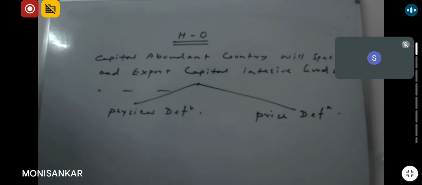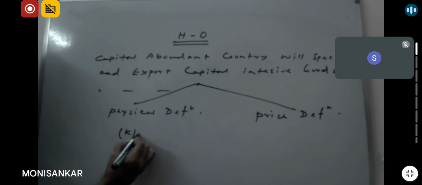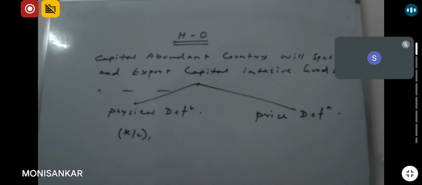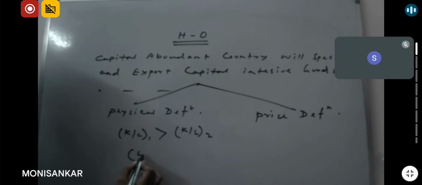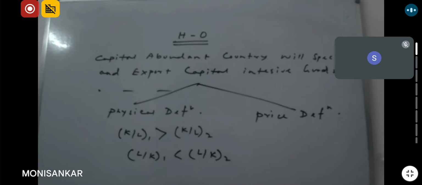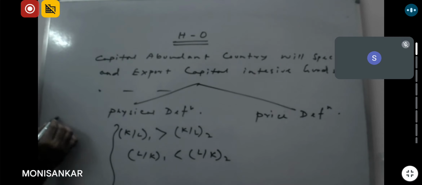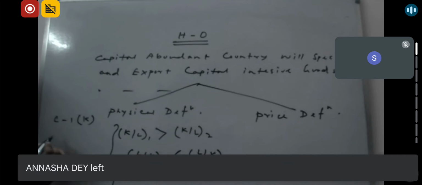According to the physical definition, if K by L in country 1 is greater than K by L in country 2, or if you measure in terms of L by K, it is lower in country 1 and relatively higher in country 2, then you can say that country 1 is capital abundant and country 2 is labor abundant.